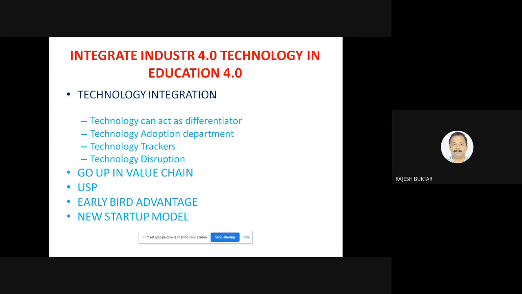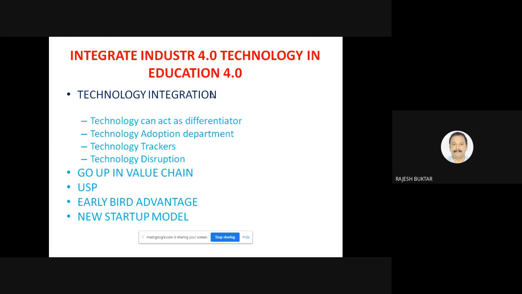In industries, there is a department called the technology integration department. To the best of my information, such a department may not be available in higher and technical engineering education.